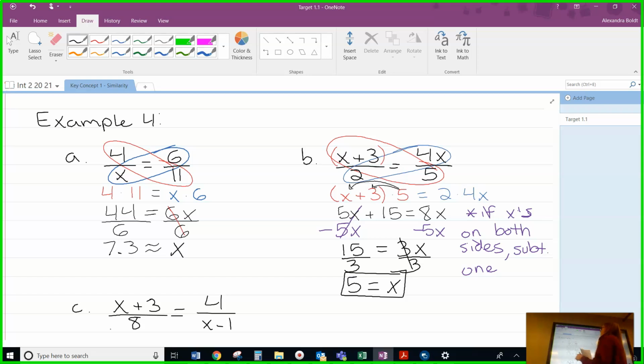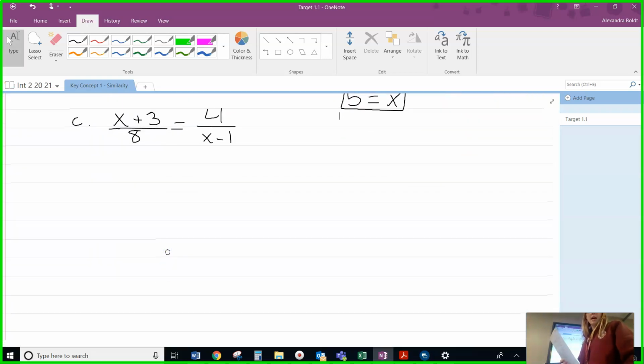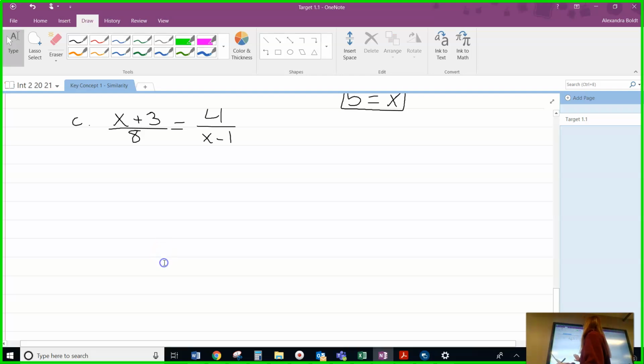Okay, last problem. We have x plus 3 over 8 equals 4 times x minus 1. So again, now here, this has a plus sign, and this has a minus sign. Again, whether it's plus or minus, anything with either of those has to have parentheses around it.